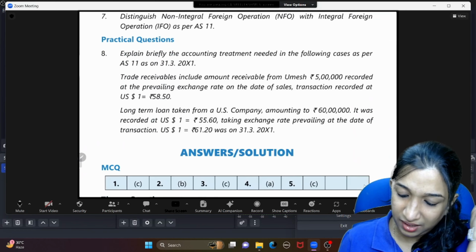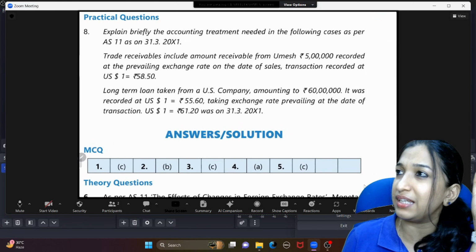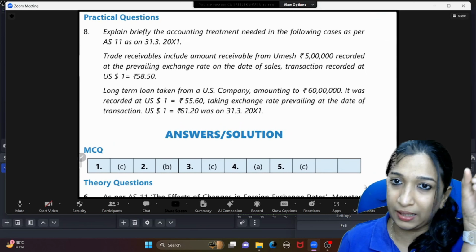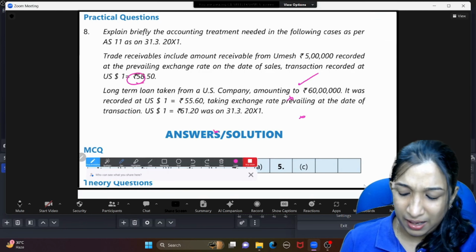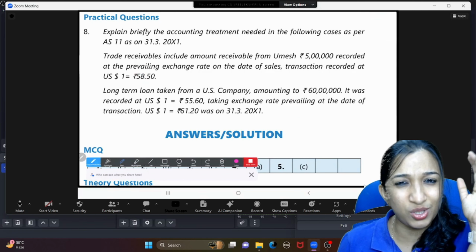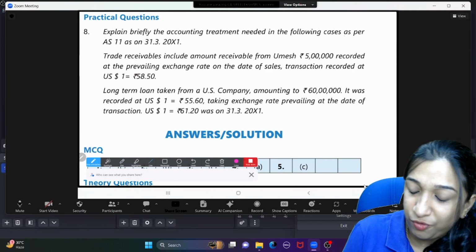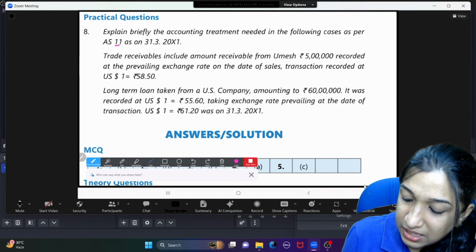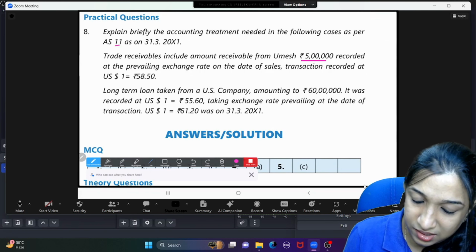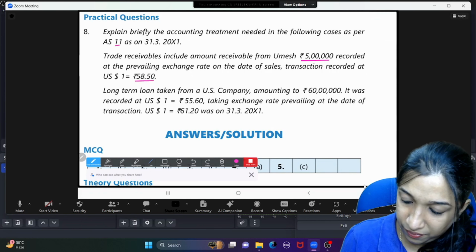Theory questions I am not reading. That doesn't mean that theory questions will not come. It can come, but that theory might have been discussed already in the class. So just read it. Explain briefly the accounting treatment needed in the following cases as per AS 11. Trade receivables include an amount receivable from Umesh, 5 lakhs, recorded at the prevailing exchange rate of 58.5.